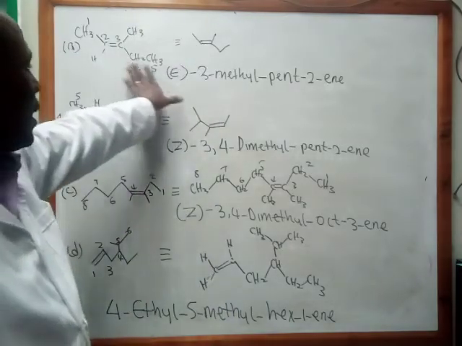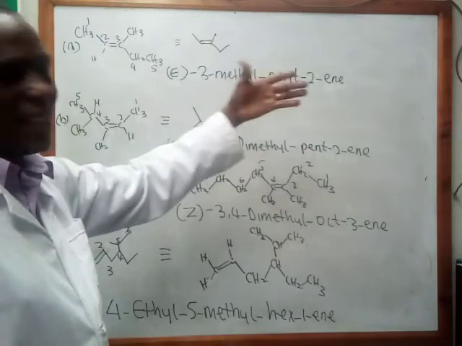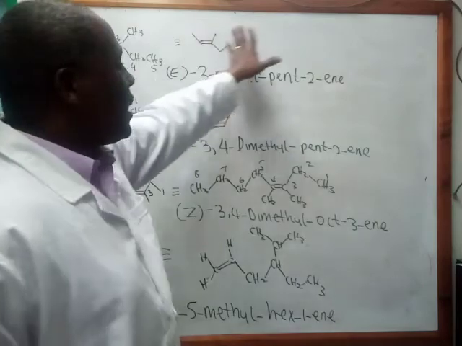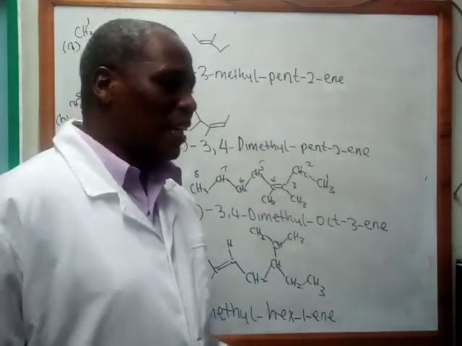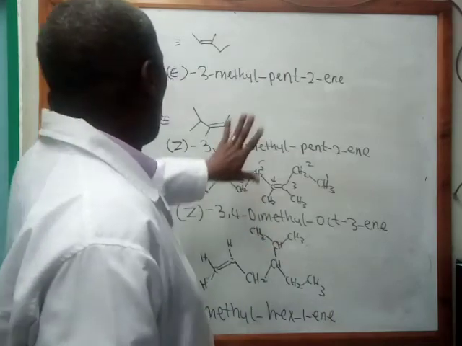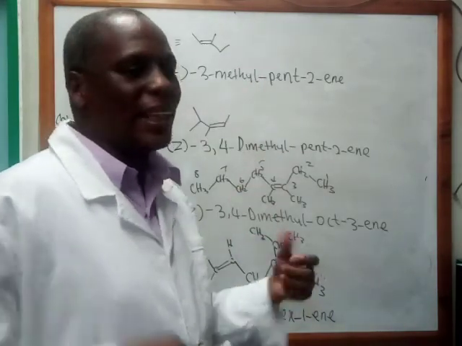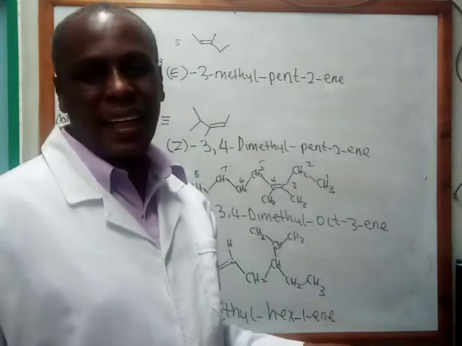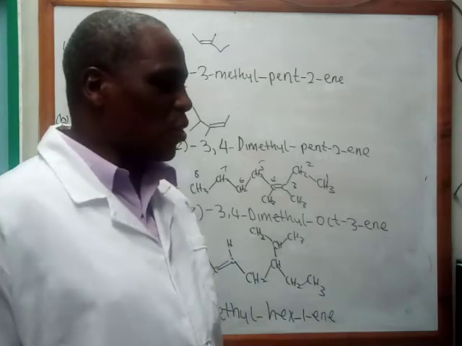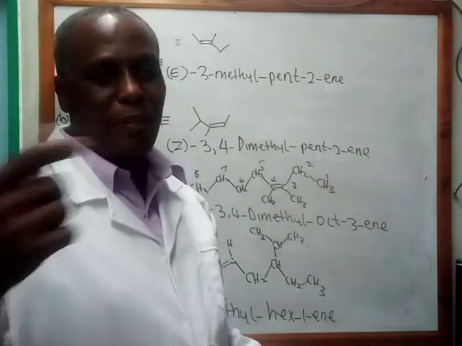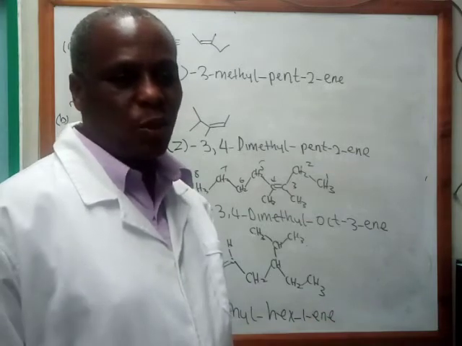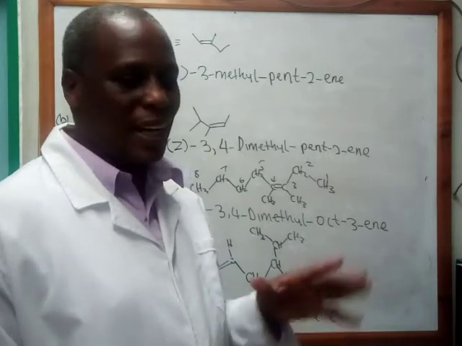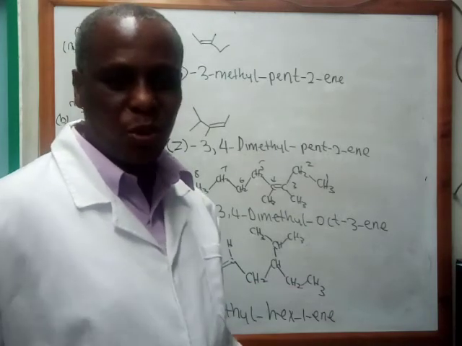But for now, I think these 4 examples have just illustrated how simple you can name alkenes. And as I mentioned, in these 4 examples, I've just taken the simple case of alkenes which contain alkyl groups as the substituent, yeah. But later you're going to see organic compounds, whether they may be alkenes or any other, which may have other functional groups, and the naming may be a bit complicated, but we'll come to rules at the end.